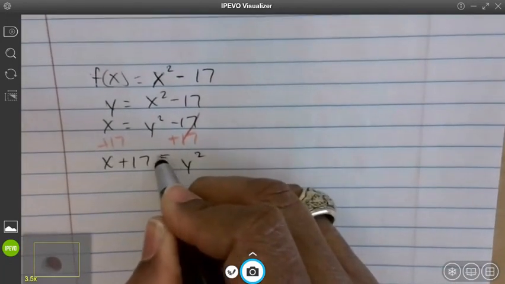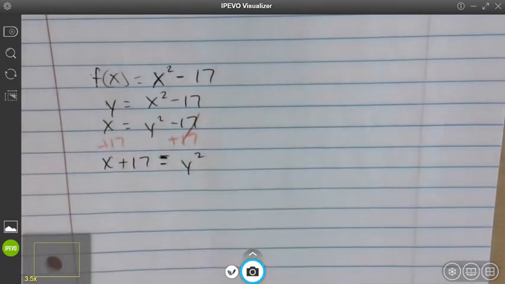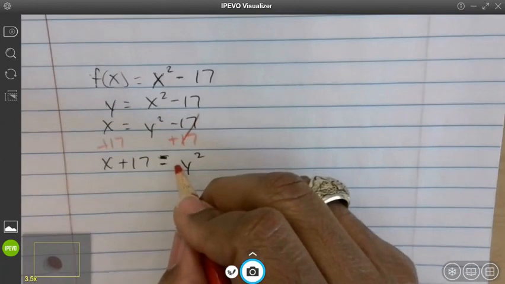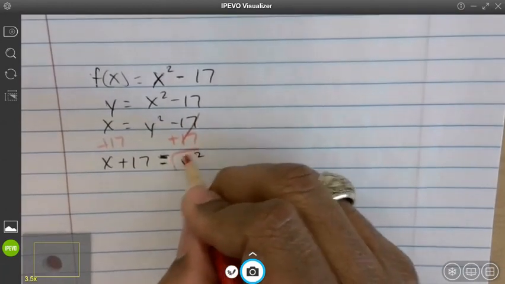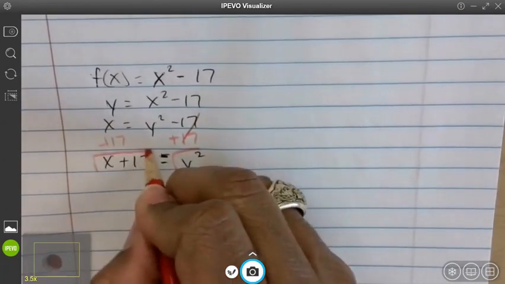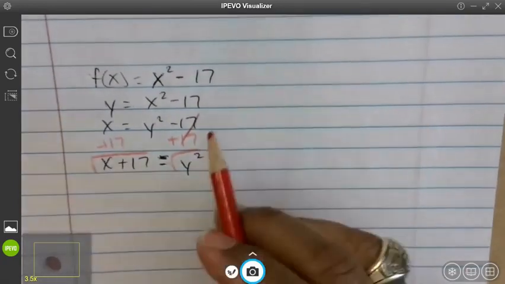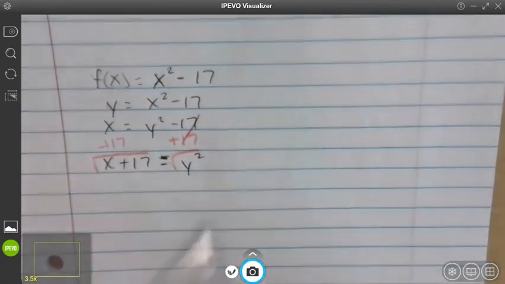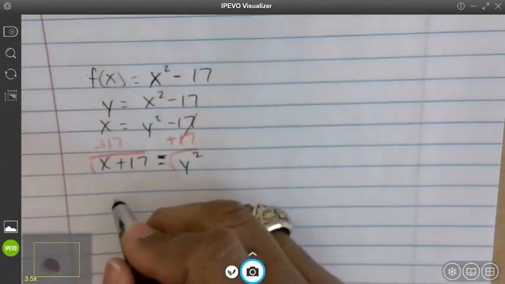Remember, we always do the opposite. The opposite of squaring is square root. Just like before, I don't just square root one thing, I square root everything. Because when you square root y squared, that cancels out and you just have y. So I'm going to flip this around.